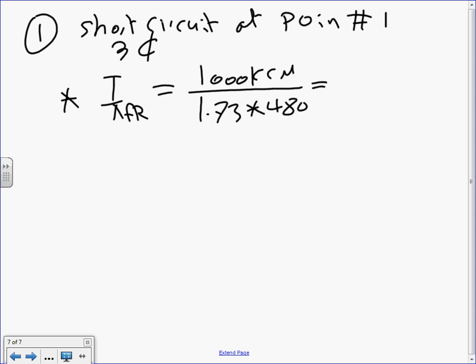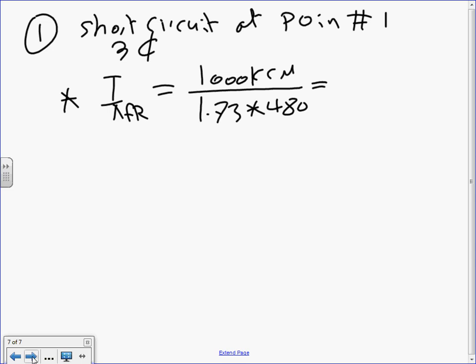I don't have the answers for these, so I would really like somebody to second me, or do the calculations. So I have 1000 divided by 480 divided by 1.73 equals. Anybody? 12.04.